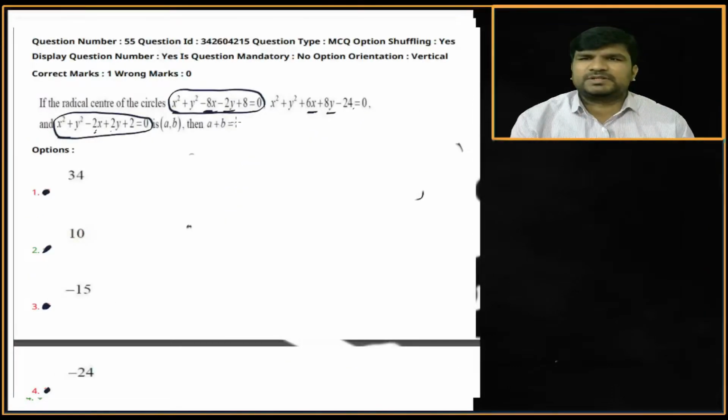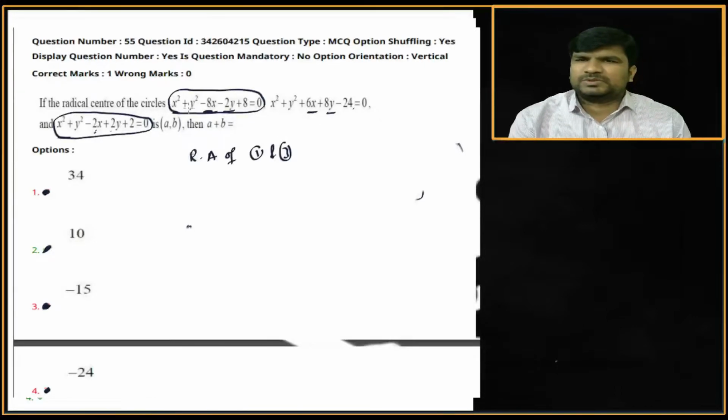Next question is to find the radical center of the circles. Here three circles are given. We have to find the radical center, that is (A, B). Then find the value of A plus B. So for the radical axis, first I am doing circles 1 and 3.